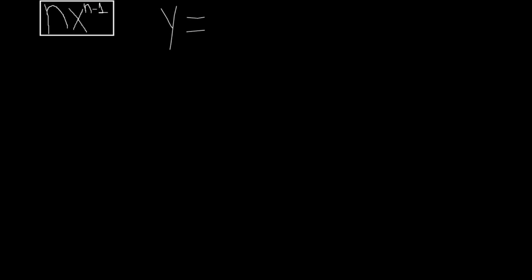All right, let's take a look at one more example. We have 1 over x cubed. Now this is going to be similar to how we did with the cube root. We're going to have to convert this so that we have an exponent on the numerator and not on the denominator. So we're going to have x to the negative 3.